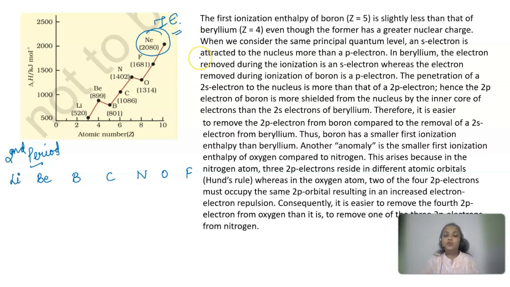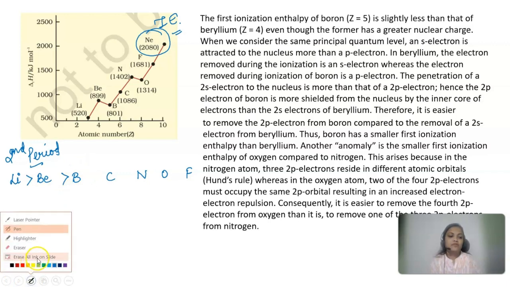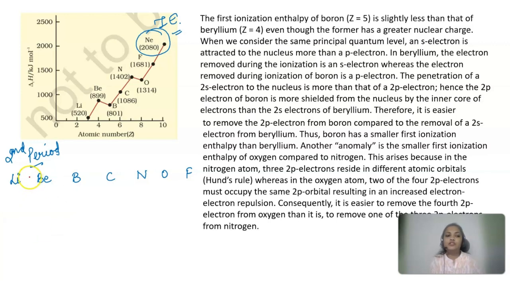So what I have told you is that ionization enthalpy would increase when we are moving left to right. More energy is required to remove that electron. So the trend should be this.